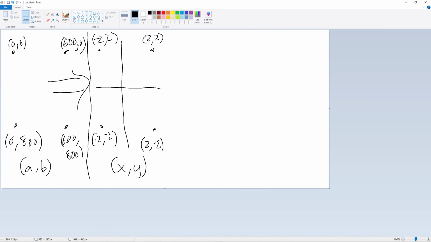Probably ax plus by equals ax plus by. Solving for a and b, maybe possibly plus c.